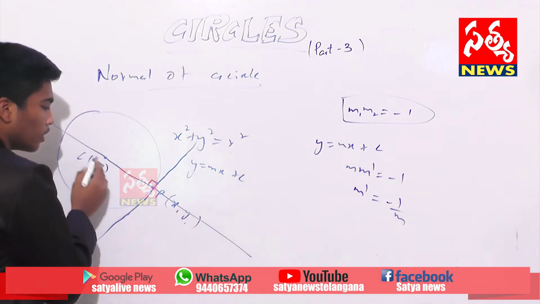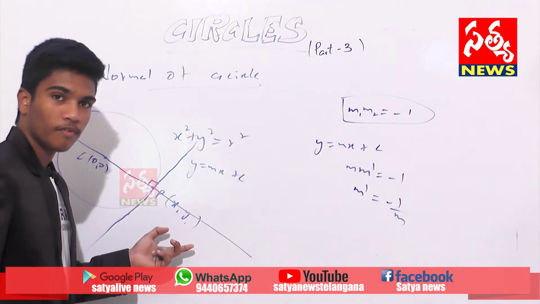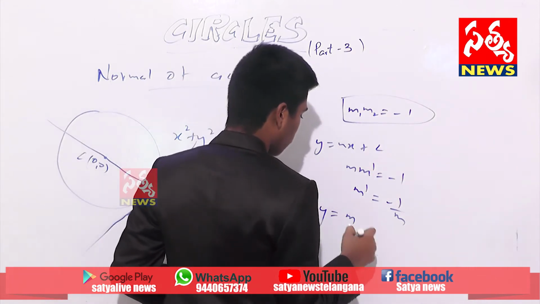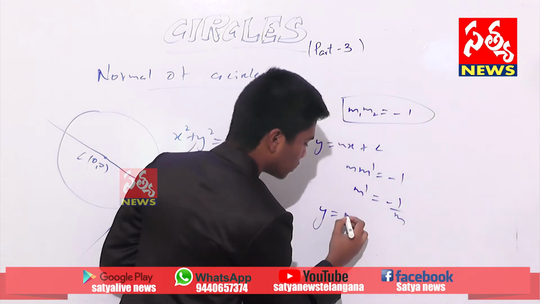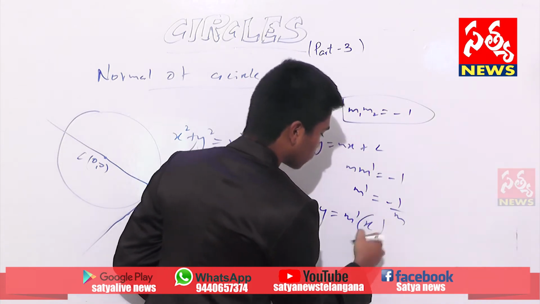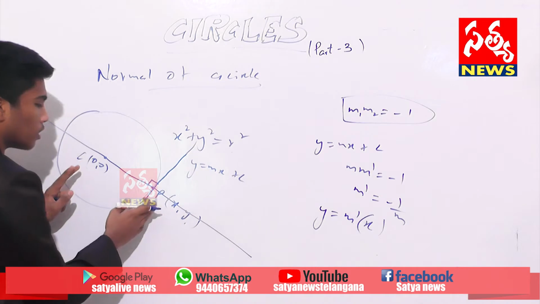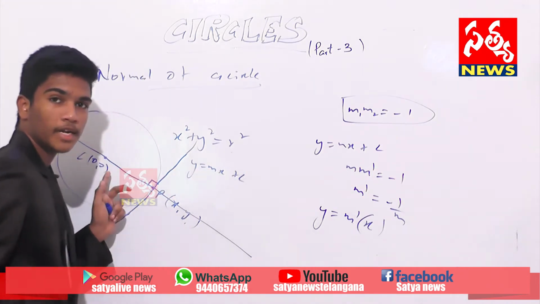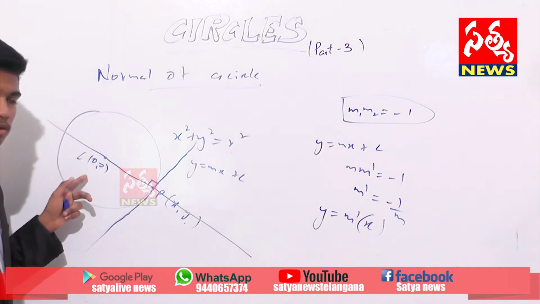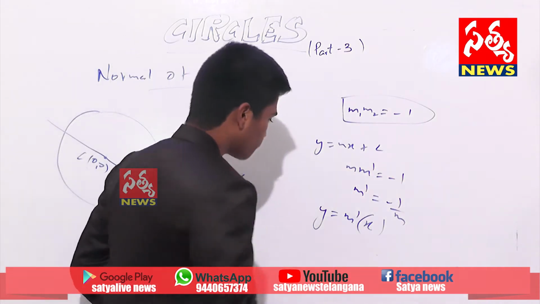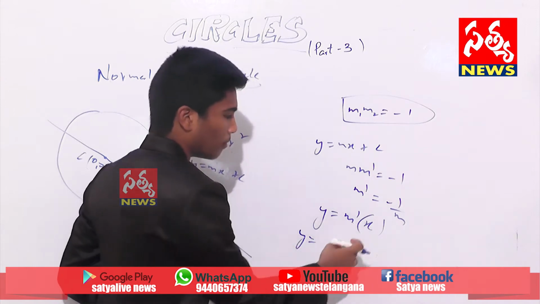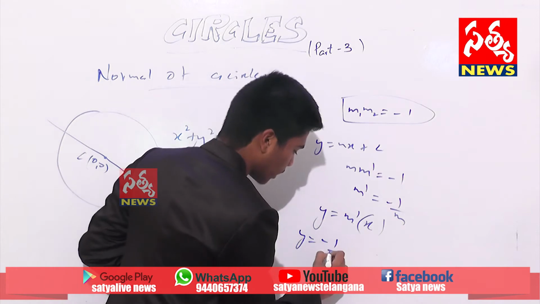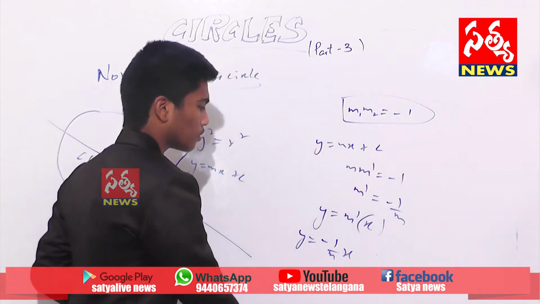Now, as this line passes through x1, y1 and 0 comma 0, using the slope form, y minus 0 is equal to m dash into (x minus 0), which I have written directly. So y is equal to m dash into x, that is, y equals -1 by m into x.